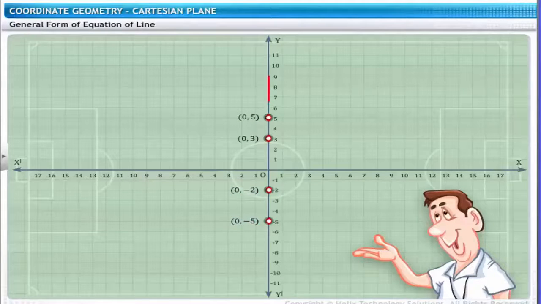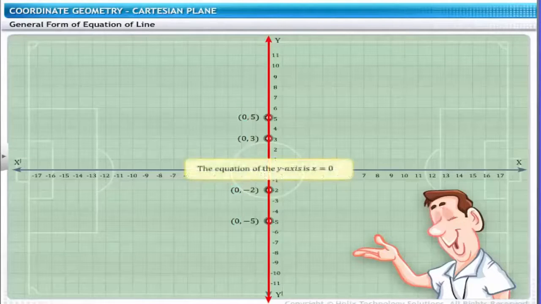If you join all these points, you get a line which coincides with the Y-axis. This is because all these points lie on the Y-axis where the value of the X coordinate is equal to 0. In other words, the equation of the Y-axis can be written as x equals 0.